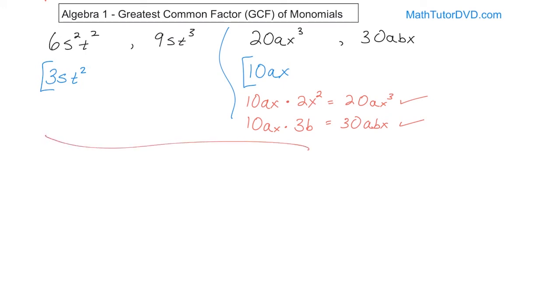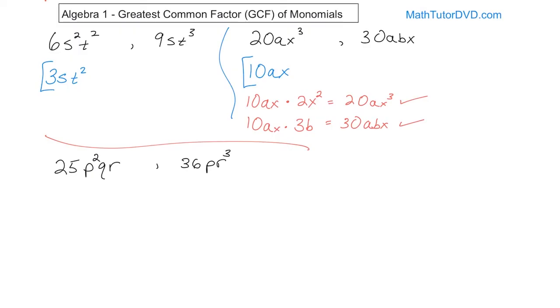All right, final problem. What if we have 25 times p squared times q times r, and then we have 36 times p r cubed. So first, again, I look at the numbers, 25 and 36, and I try to think, okay, what can I do here?